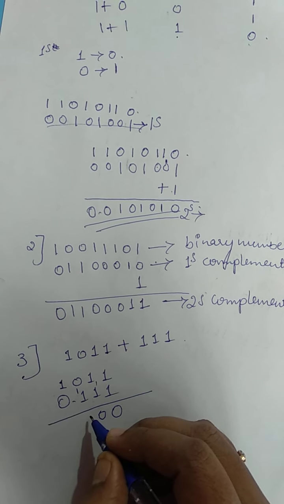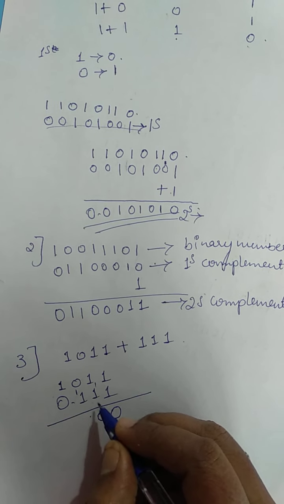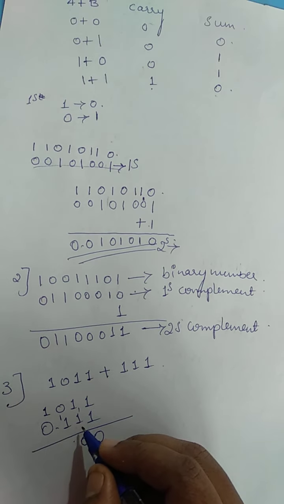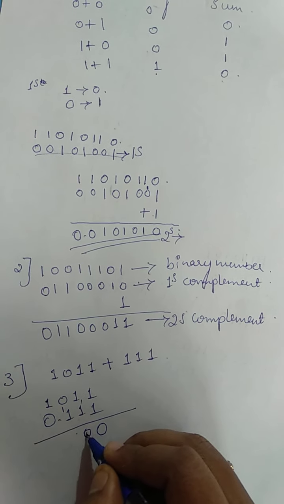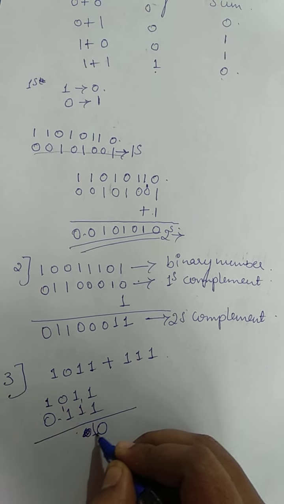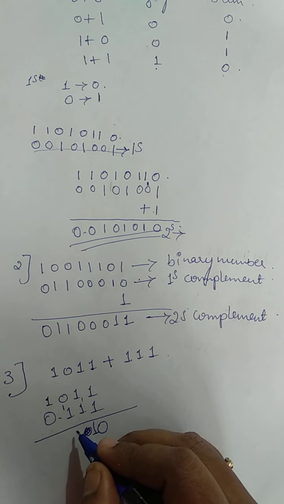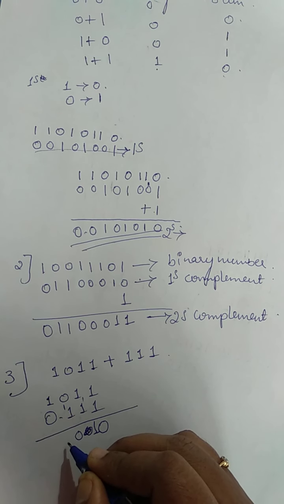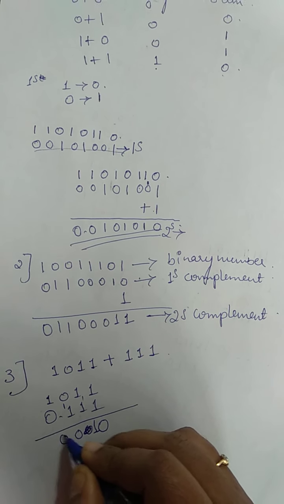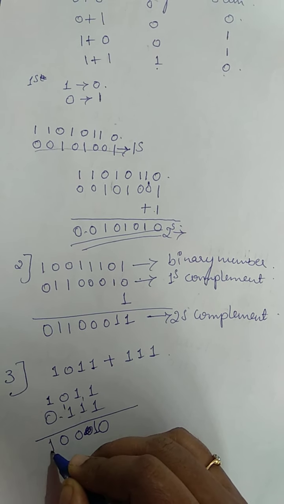Next, carry will be 1, it will be 0, correct? Now it will become 1. Then it will be 0, 1, it will be 0, then it will be 1.